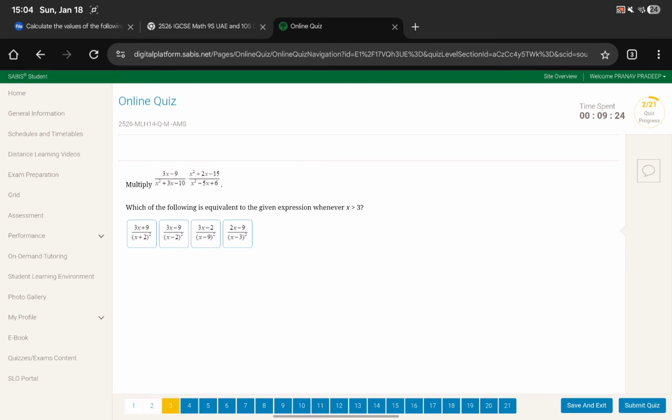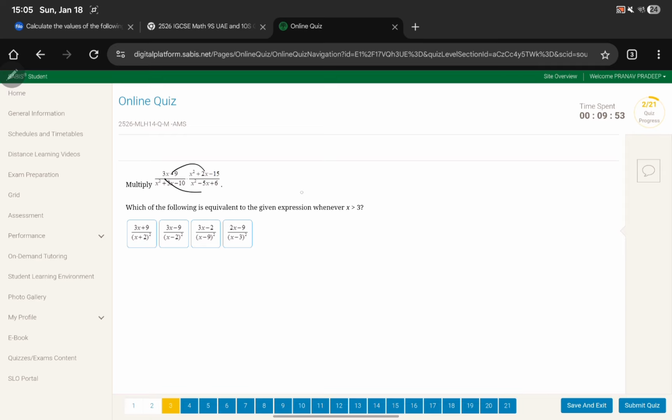Now, you must have done this last grade. It's just multiplying and simplifying. So essentially what you're doing here is multiplying this times this over this. You know what to do, right? I'll just give you the simplified version.